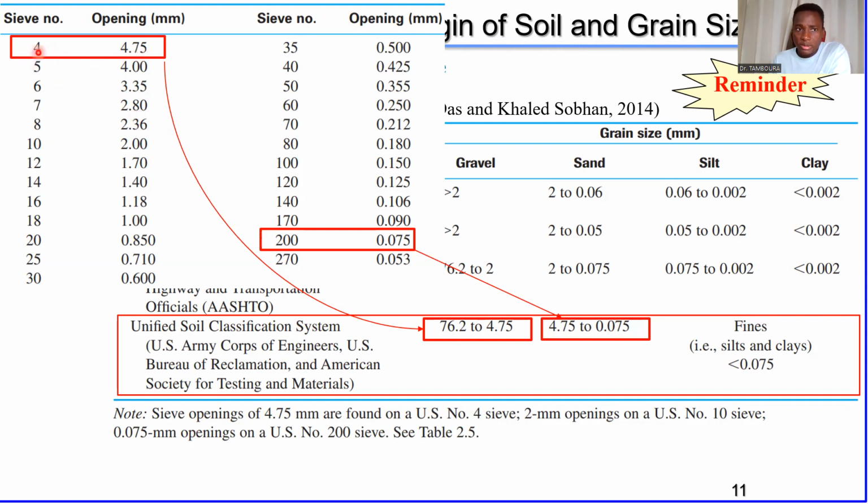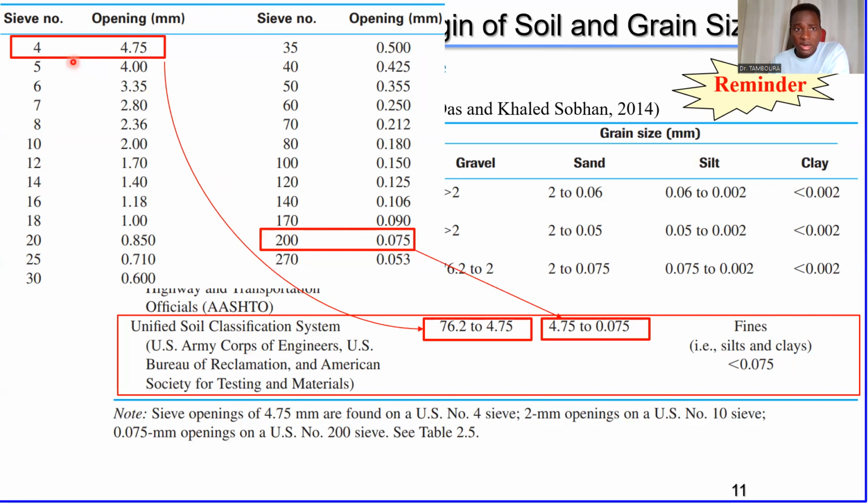If the particle passes the sieve number 4, then the particle will go through all these sieve numbers up to here. If the particle doesn't pass this sieve number 200, that means the particle has a diameter higher than 0.075.